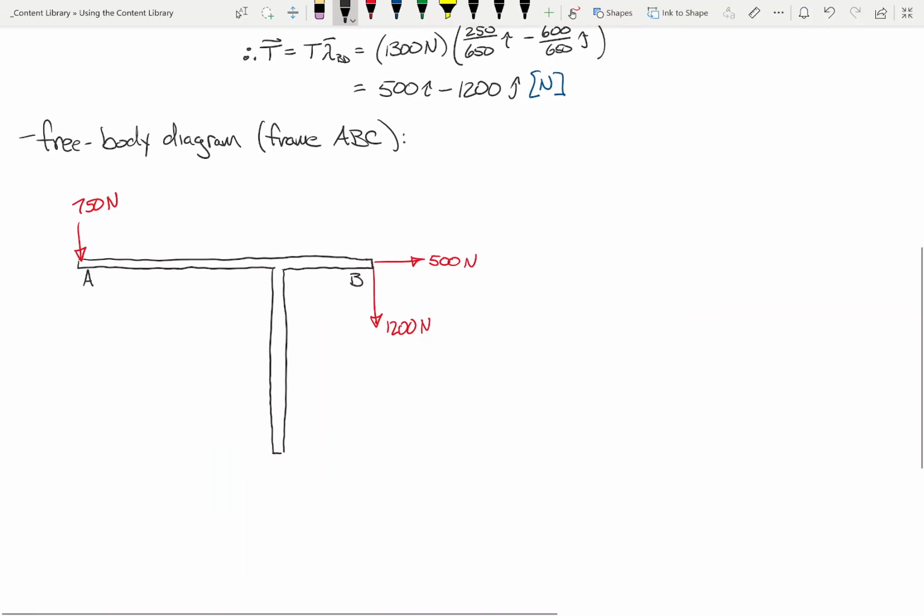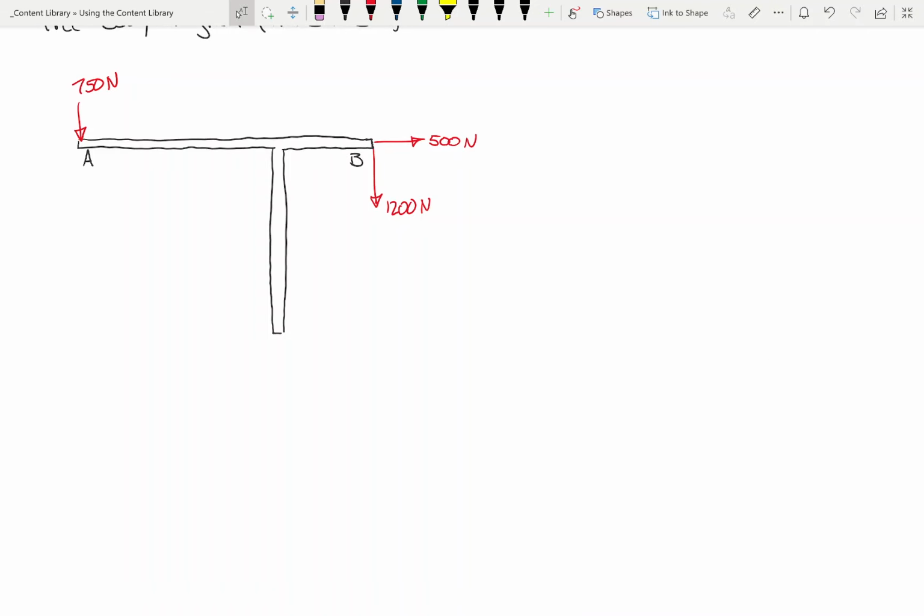So instead of applying a downward force of 1300, I'm instead applying a 500 and then a 1200. So that's what I'm doing there. I also have this 450 Newton force right here.